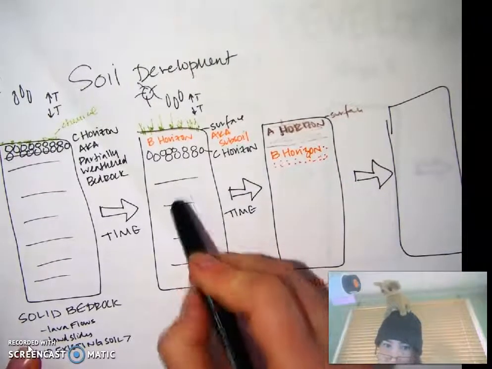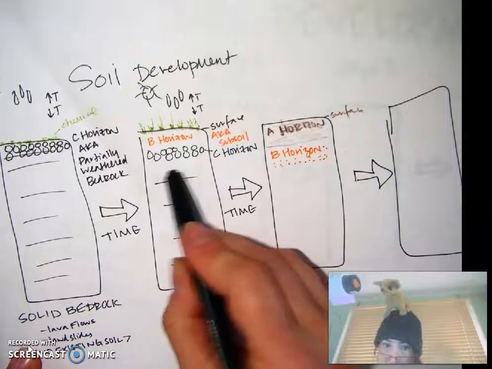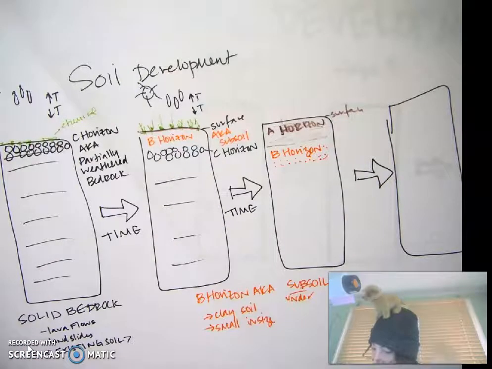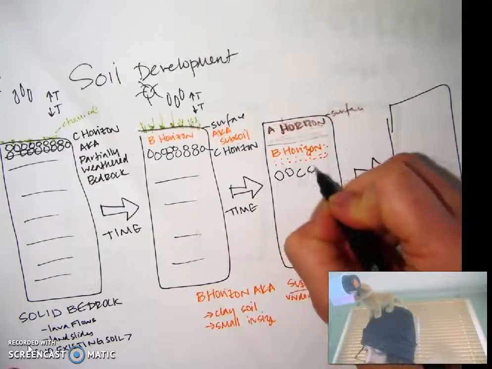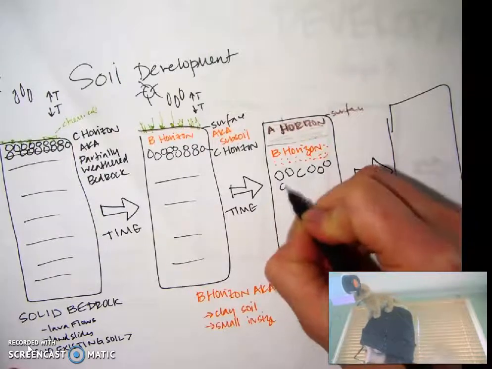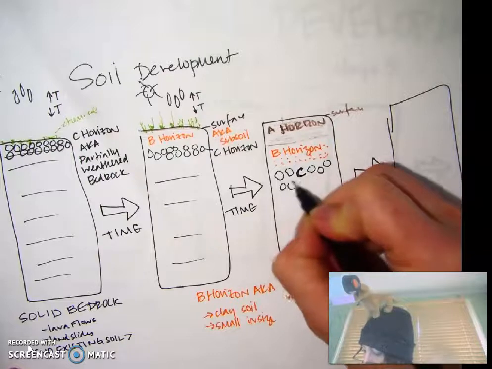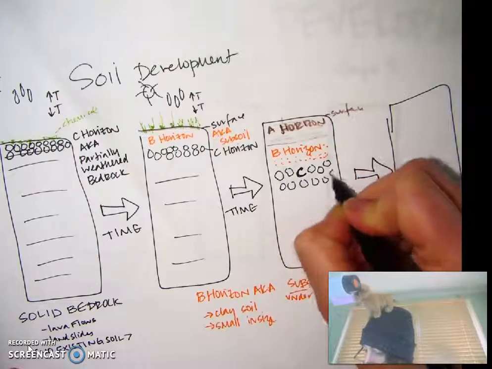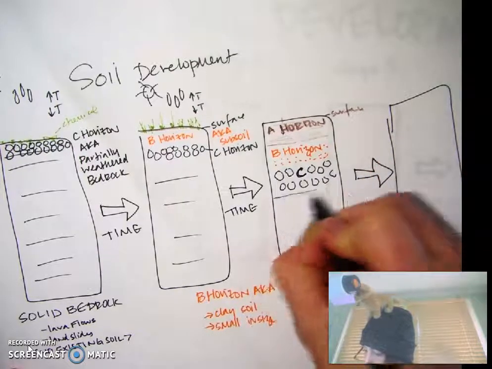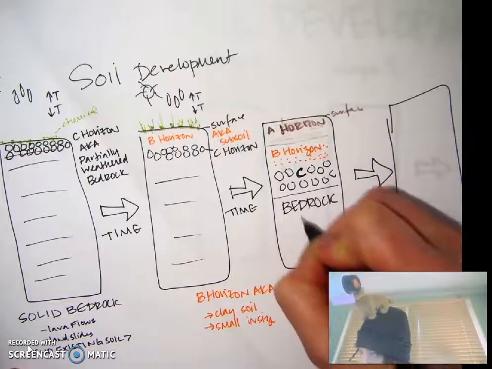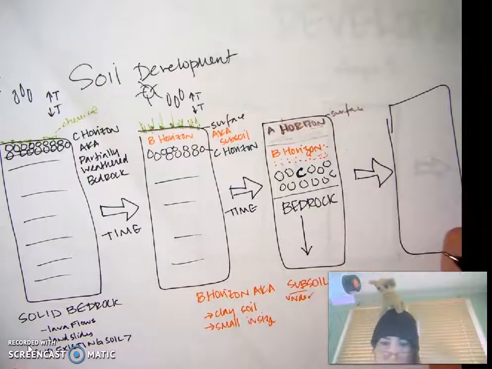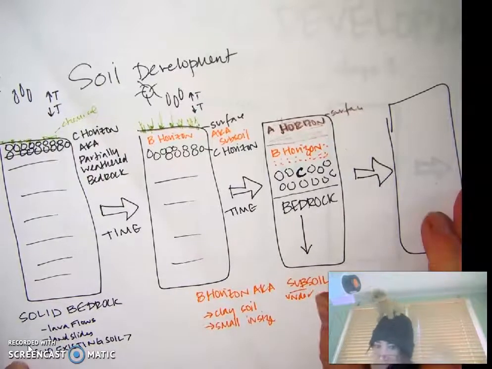Now, this bedrock that was underneath the C horizon soils has weathered, and it is now C horizon soils. It is partially weathered bedrock. And so from like here down, this is all bedrock. From here all the way through Earth's crust, right?